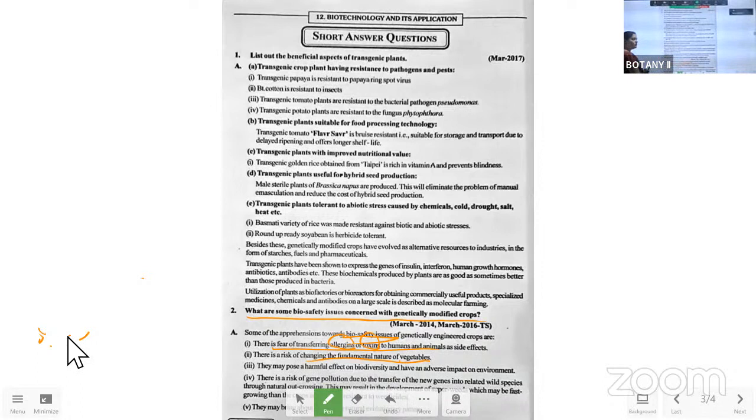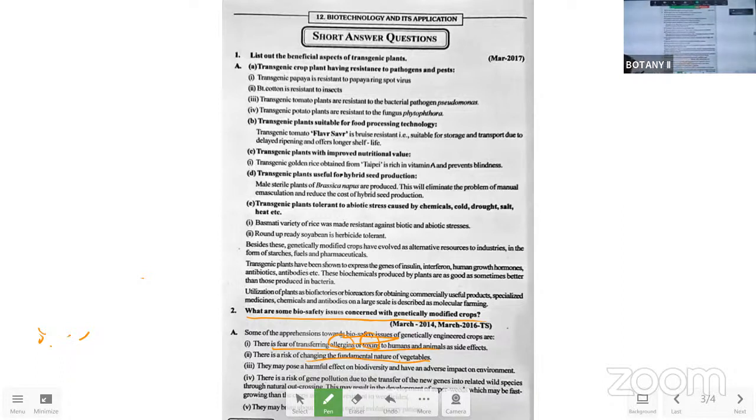So the originality of the organisms will change with the genotype what we are changing. That is, there is a risk of changing the basic nature of the vegetables itself. And they will be having harmful effects on the biodiversity.